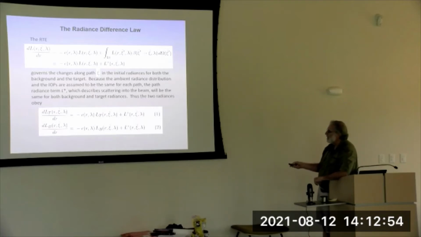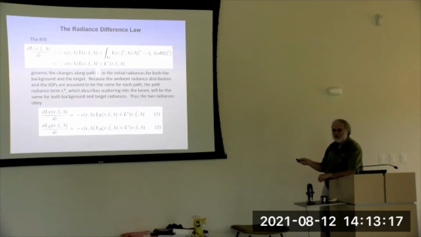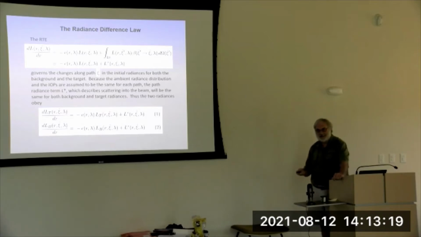So if I write the target radiance change with distance, well, that's minus beam c times the target radiance plus the path length term here. And then for the background, the change in the background with distance is minus beam c times the background, plus exactly the same thing here, because this term is going to be the same for the two paths.